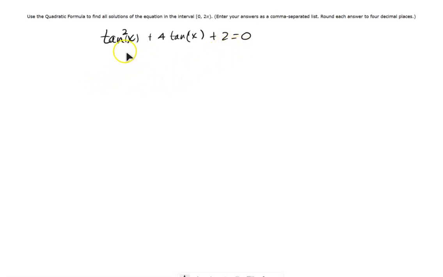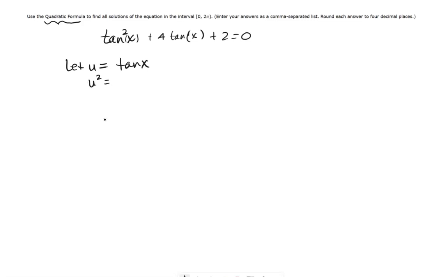As you can see, we do have a quadratic equation. That's why they're asking us to use the quadratic formula. This quadratic equation is not factorable. So for example, if we use u substitution, let u equal tan x, then we can make a substitution for all of these tan x's and tan squared x.